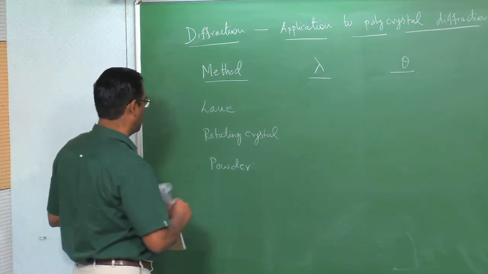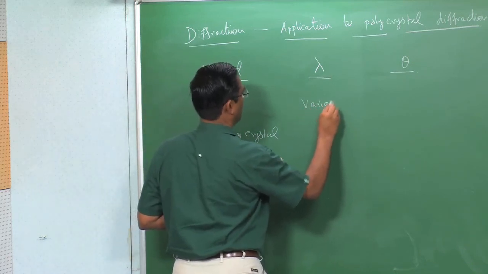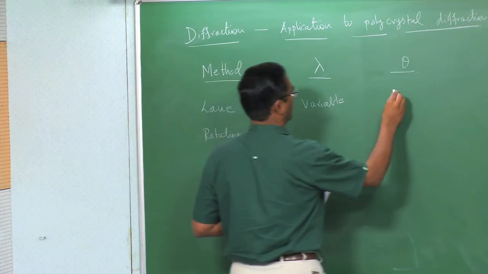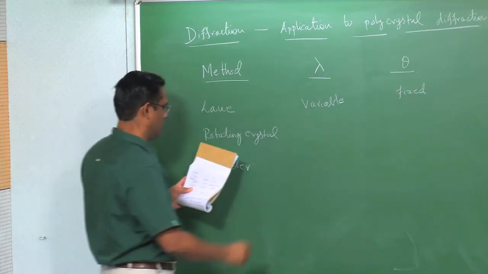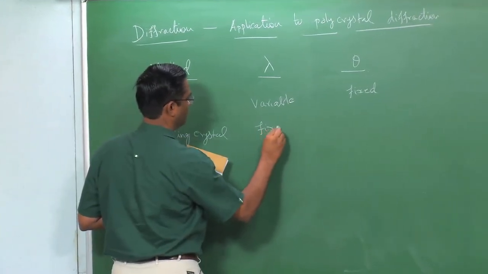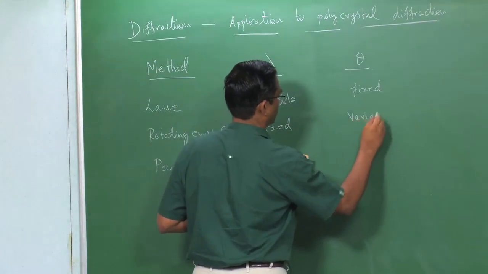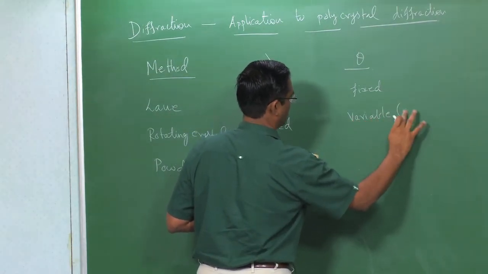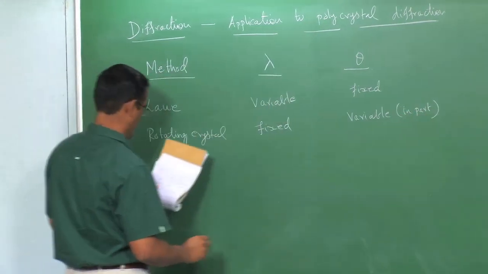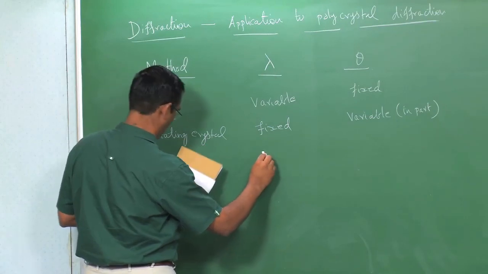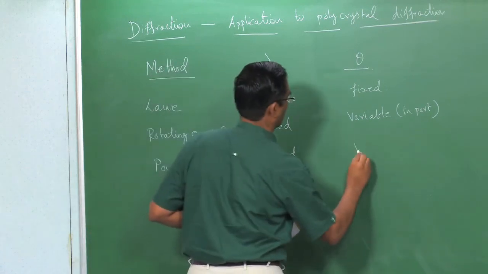In the Laue method, lambda is variable and theta is fixed. In the rotating crystal method, lambda is fixed and theta is variable partly. And in the powder method, you have a fixed lambda and variable theta.